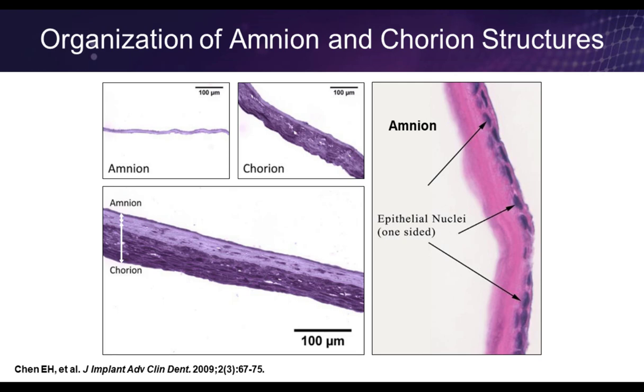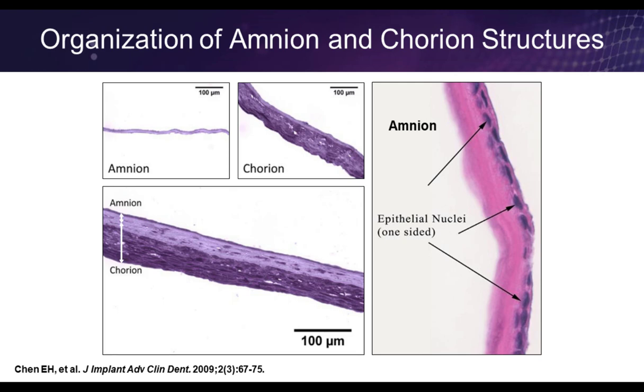And so if we look at the histological cross-sections of an amnion or a chorion, you can see that obviously the majority of the amnion-chorion combined tissue is comprised of chorion, and that the amnion, as I said, consists of the internal epithelial cell layer that is in direct contact with the amniotic fluid, and the chorion is the tissue component that provides most of the structure to the chorion-amnion unit.